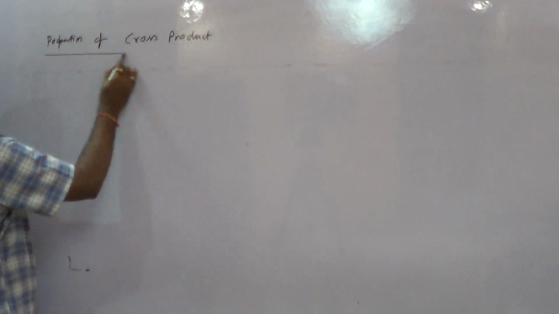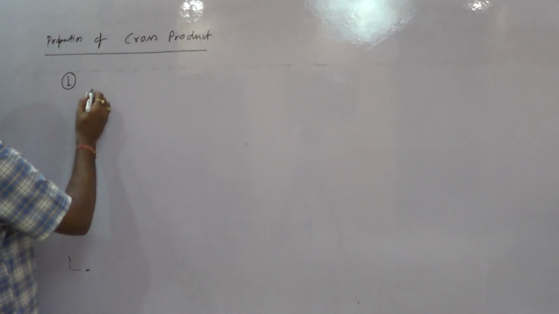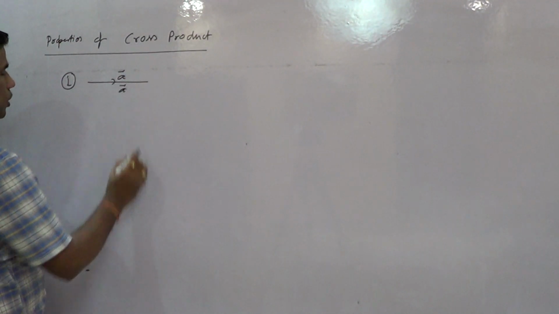So student, our heading is properties of cross product. First property is cross product of a vector with itself is equal to 0 vector.